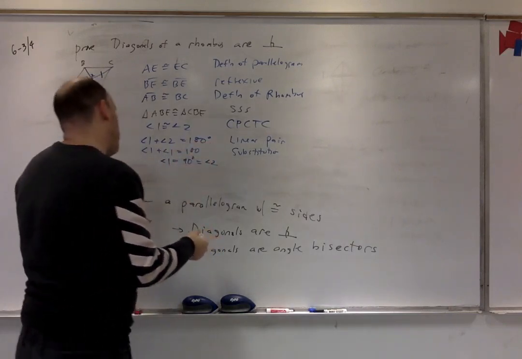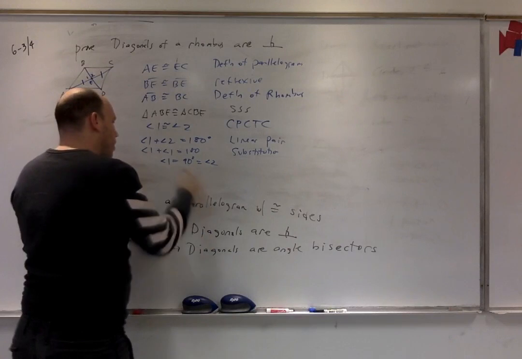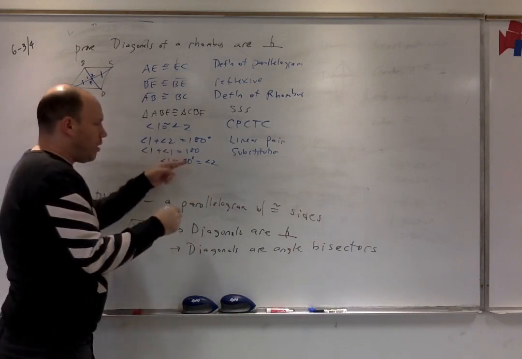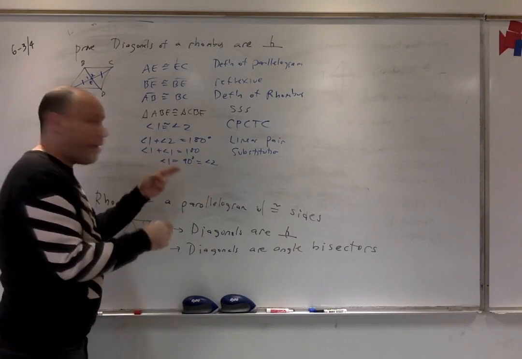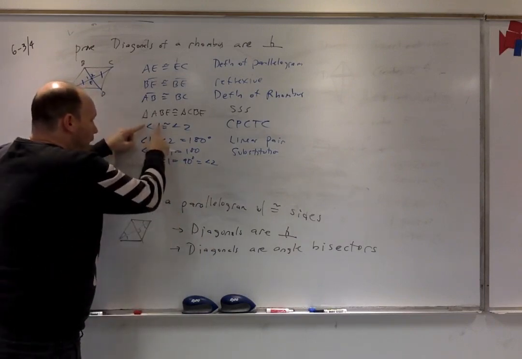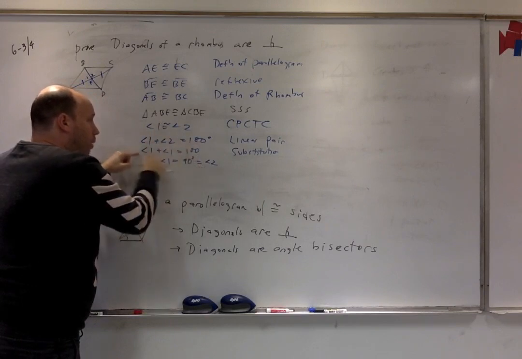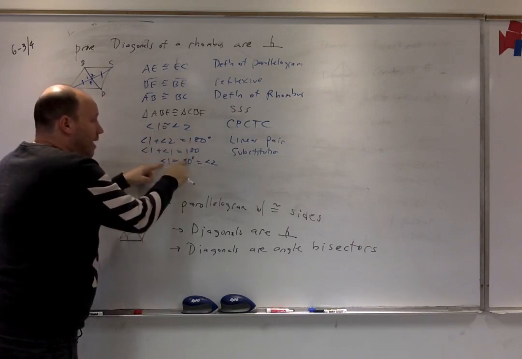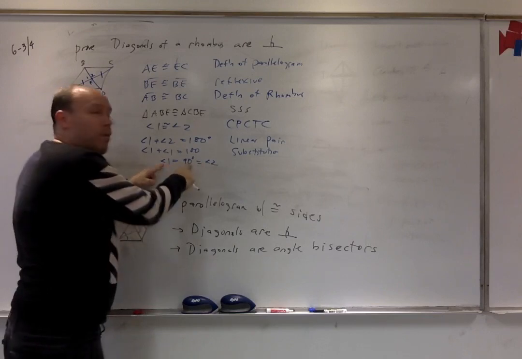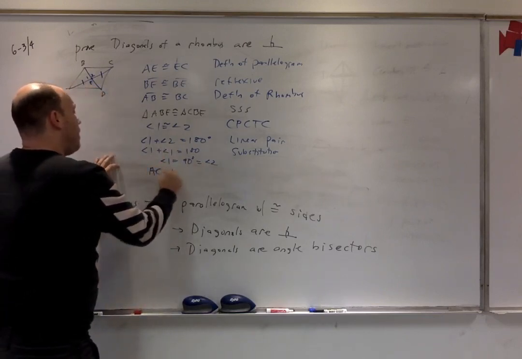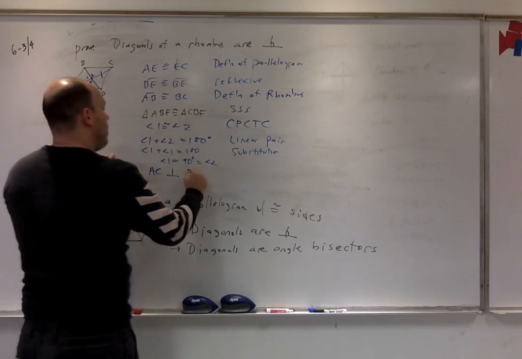Therefore, substitution, right? So once again, I know that angle 1 equals angle 2. I know that 1 plus 2 is 180. Therefore, 1 plus 1 is 180. Therefore, angle 1 is 90. But because they're both congruent, they're both 90. Therefore, I'm done. AC is perpendicular to BD.